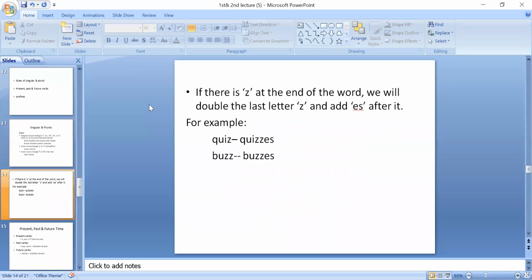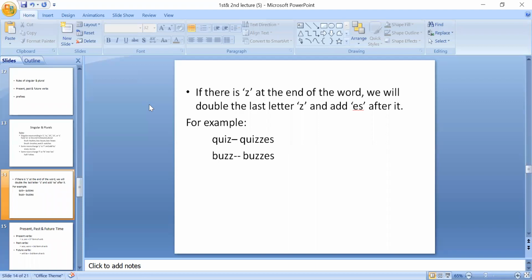Okay, next rule. If the noun is ending with z, if there is z at the end of the word, we will double the last letter z and add es after it. For example, there is a word quiz. There is a single z. When we make plural of it, we'll double z and then add es.